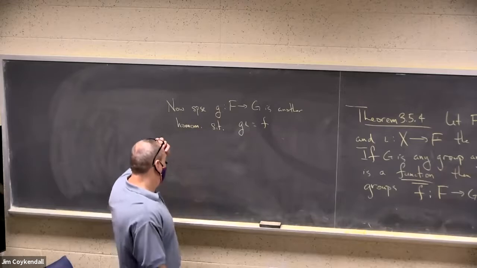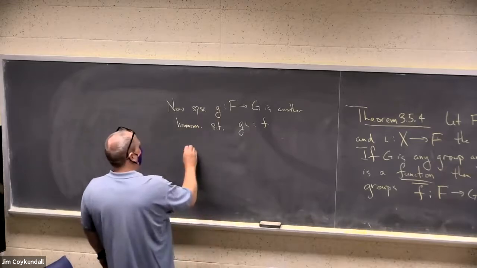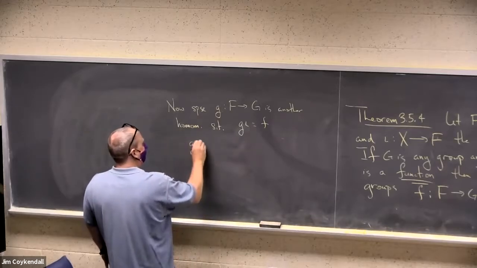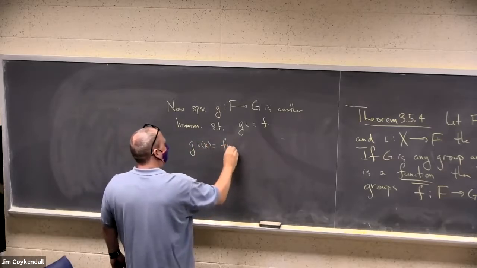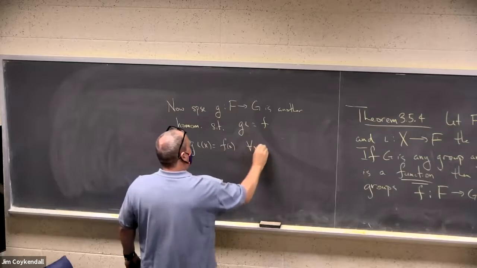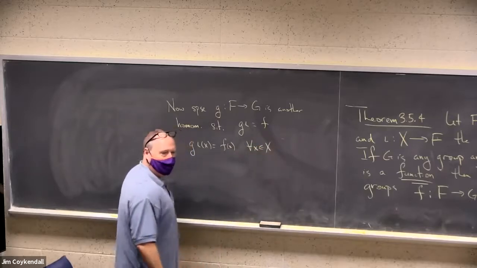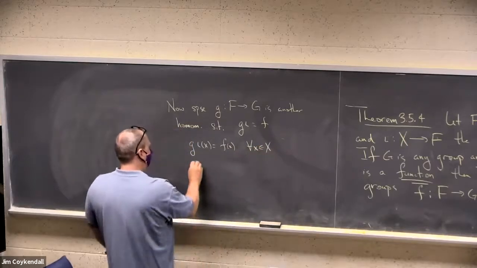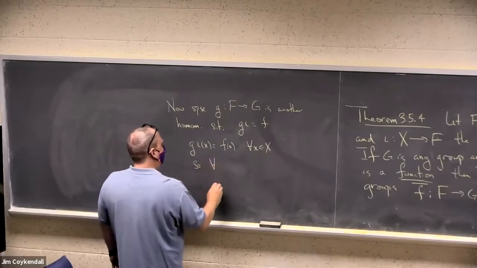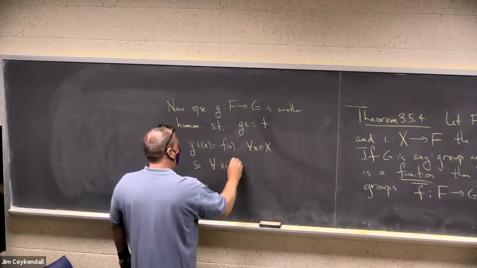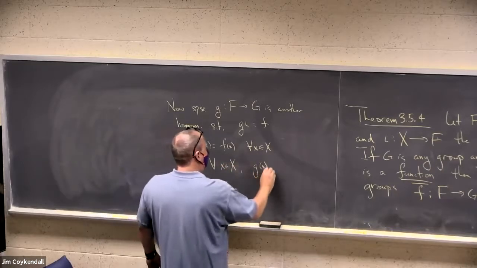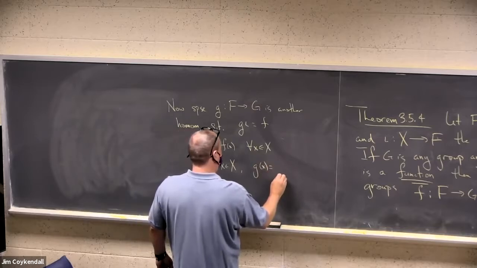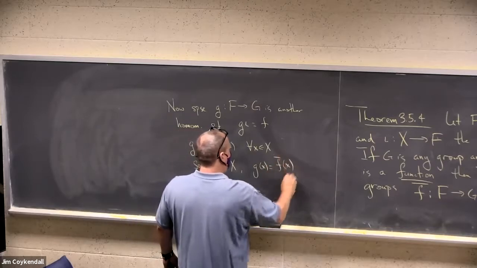Well, this means that g of iota x is f of x for all x in X. So for all x in X, since this is the inclusion map, g of x equals f bar of x.